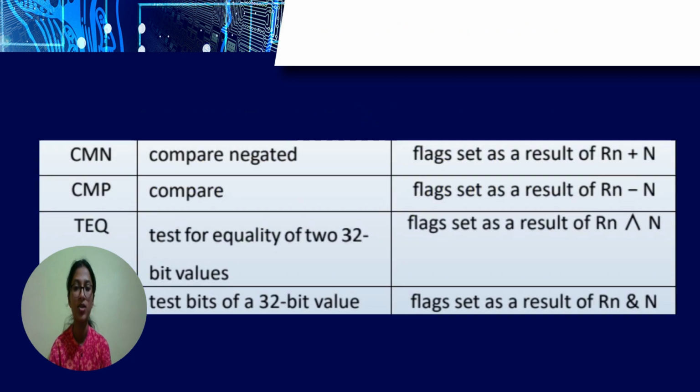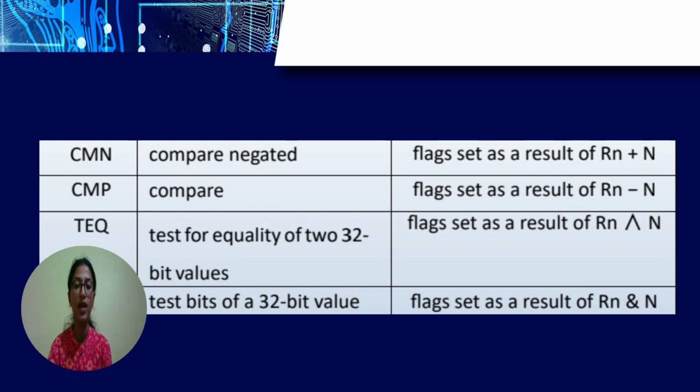These are the instructions used for comparison, where CMN compares the two registers, CMP performs a compare operation, and TEQ tests for equality of two 32-bit values.